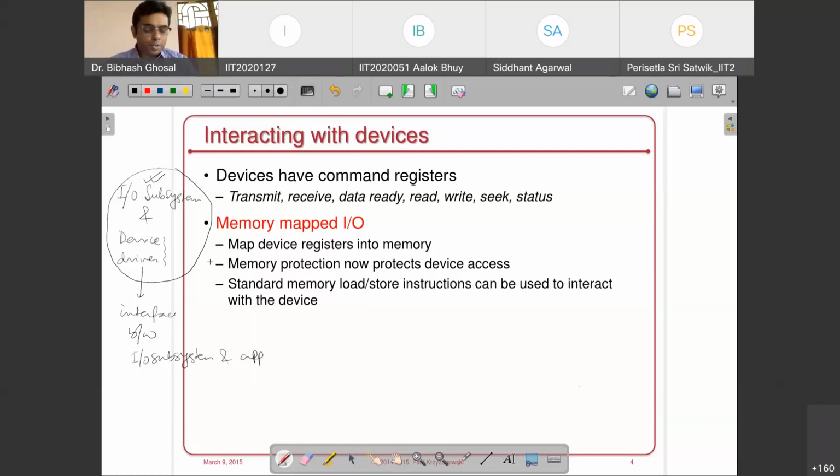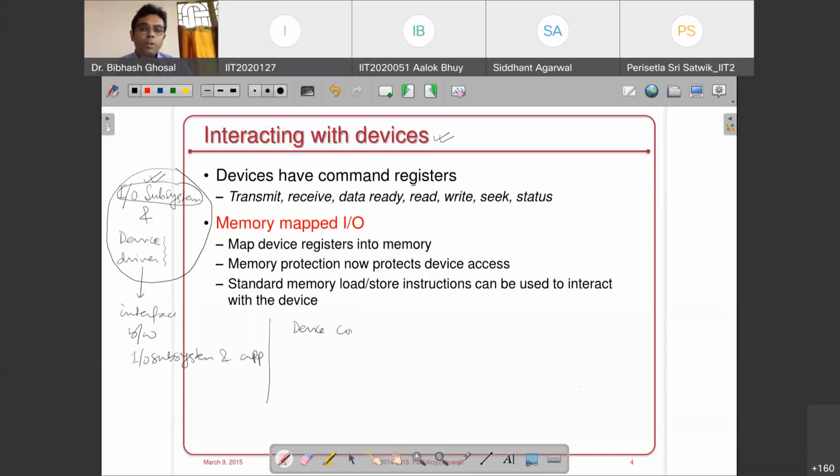What we studied in the last class is how these devices interact, and what this IO subsystem consists of. If you summarize how the devices talk to the CPU, there are three things involved.